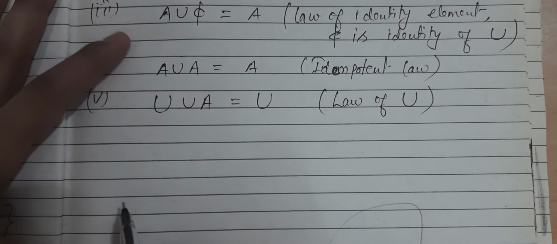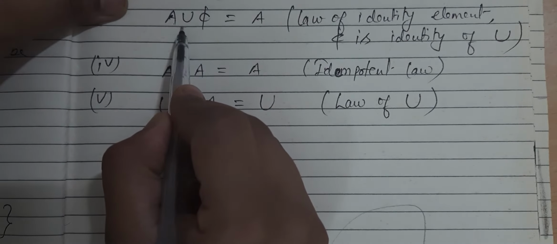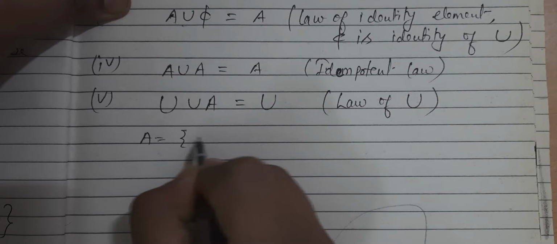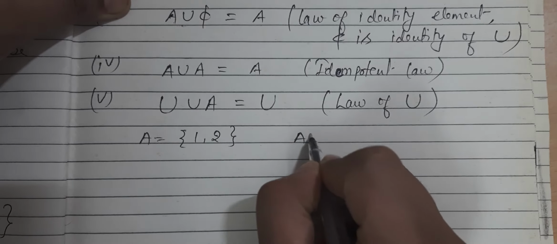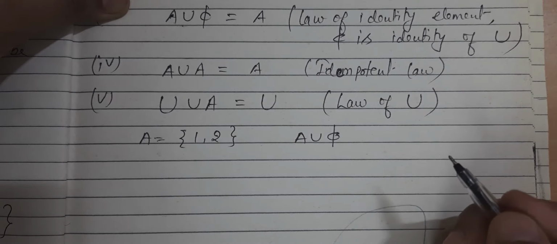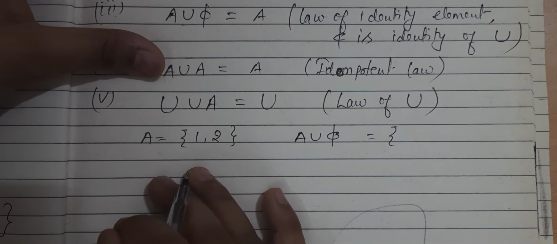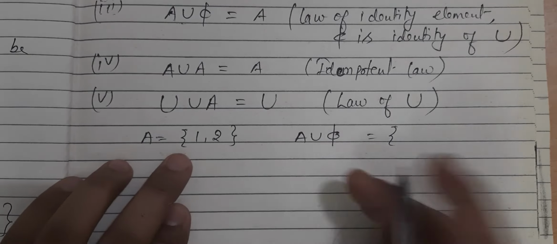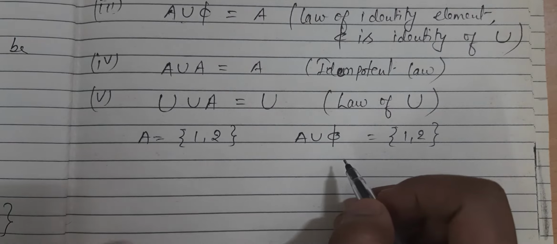We can understand this third property by taking this example. If A is a set whose elements are 1 and 2, and we have to take the union of this set A with phi. Phi means empty set. And what is union? Union means all the elements of set A and the next set. So here, all the elements of set A, and we know that phi is always there.